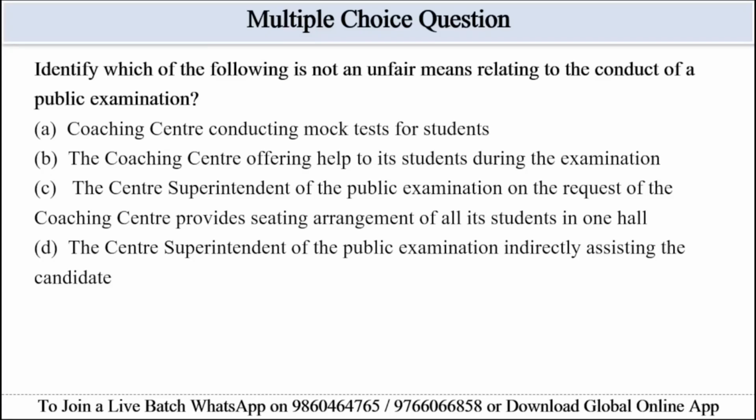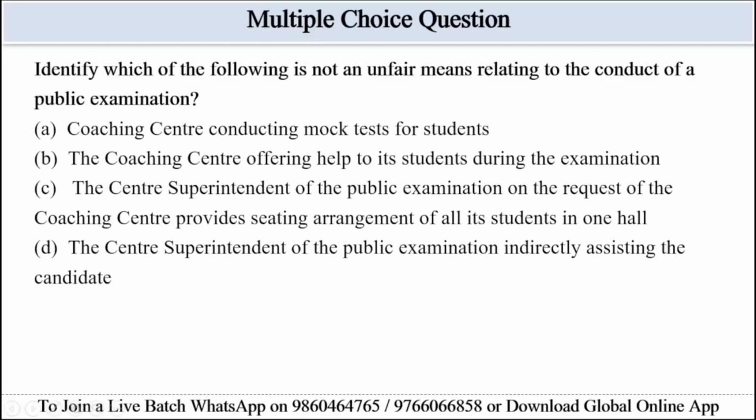The passage does not list conducting mock tests as an unfair means or an offense. So this is likely the correct answer. In case of option B, the coaching center offering help to its student during the examination, this directly falls under directly or indirectly assisting the candidate in any manner unauthorizedly, which is a listed offense.